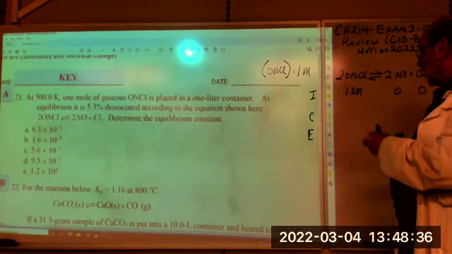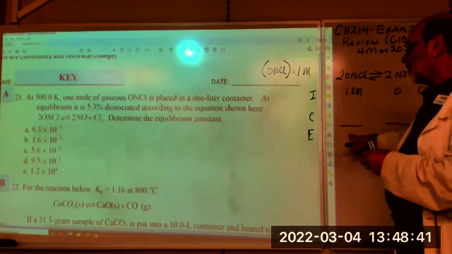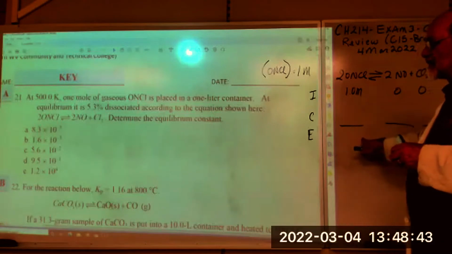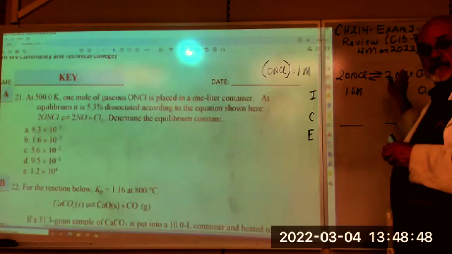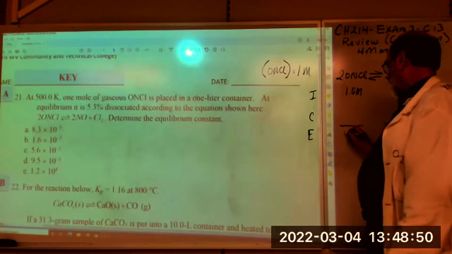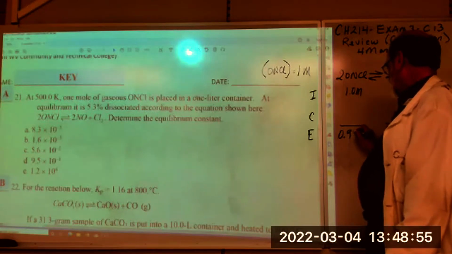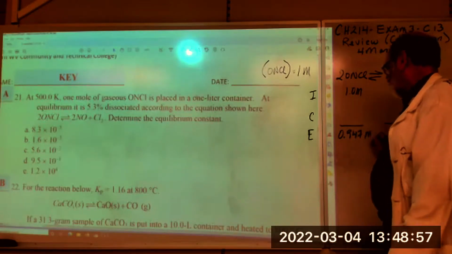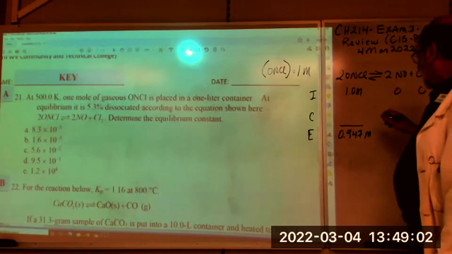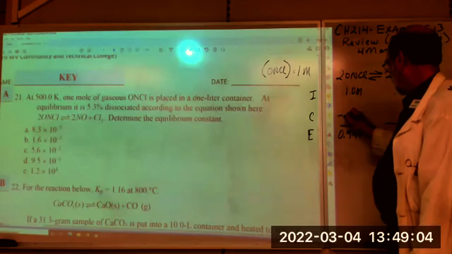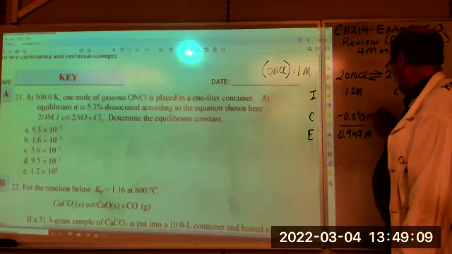Okay? Now at equilibrium, down here, we have 5.3% dissociated. So 5.3% of this is converted. So we got what? 0.947 molar. That means we had to lose 0.053 molar there.